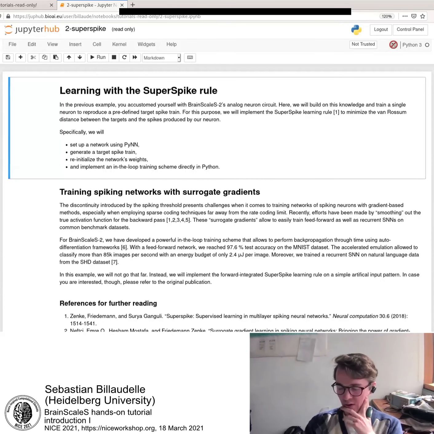The idea here is that we want to perform a gradient-based optimization on these SNNs, and that is hindered by the fact that spikes are binary things. The activation of a spiking neuron is a theta function, a step function, and that means that the derivative is a delta function that is very sparse in time. So only at specific points in time do we actually have a gradient for a spiking neuron.